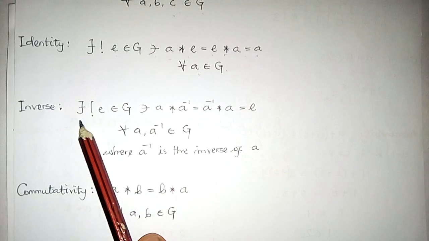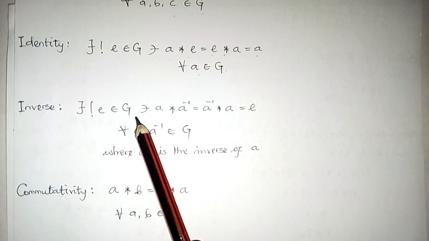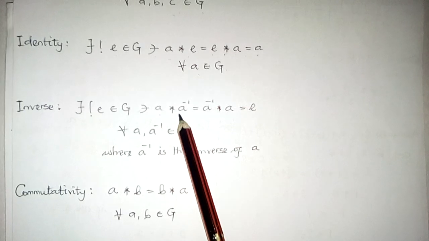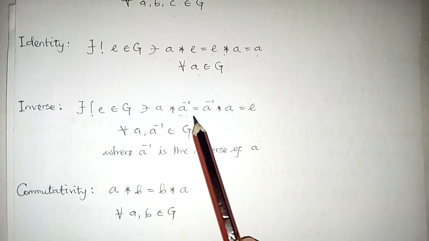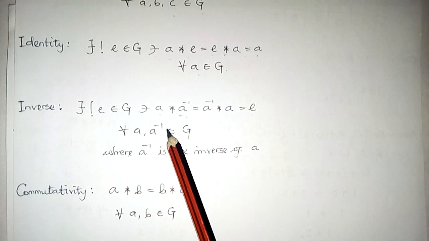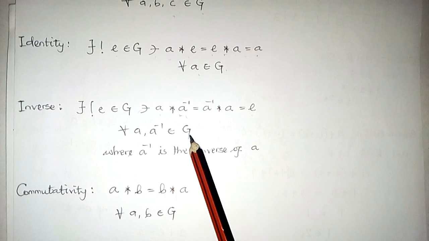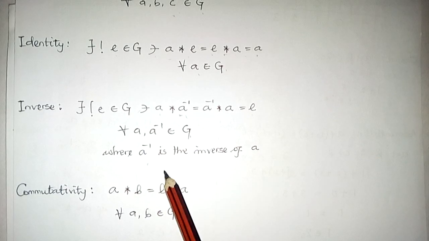The inverse here is saying that there exists a unique element A inverse in G such that when A is performed on the binary operation with its inverse, the same operation still gives us E, and A inverse will be inside of G, where A raised to the power minus 1 is the inverse of A.